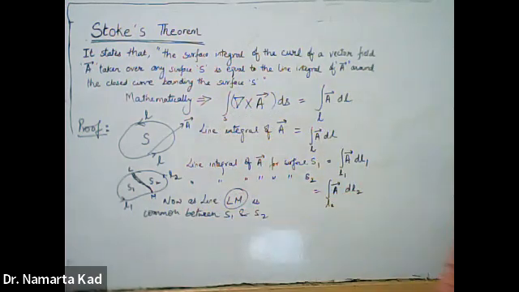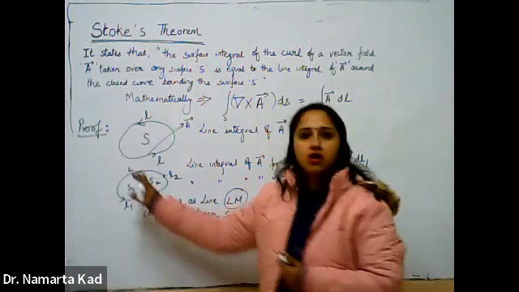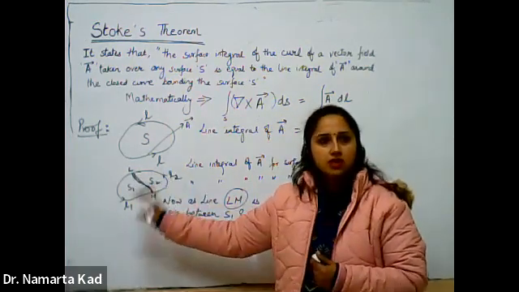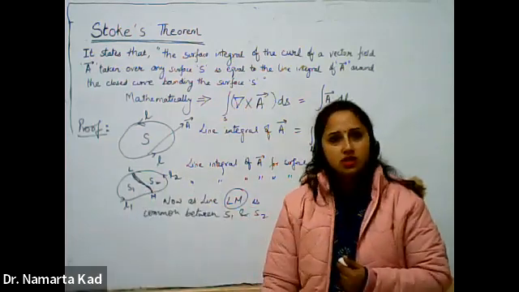See here in the diagram, line LM is common between S1 and S2. Therefore, the line integral of A vector along LM is equal and opposite and they cancel out each other. So the line integral across LM for S1 and S2 is equal and opposite, and therefore they cancel out each other.